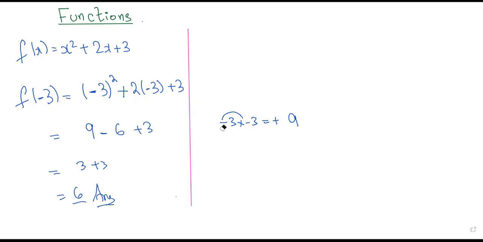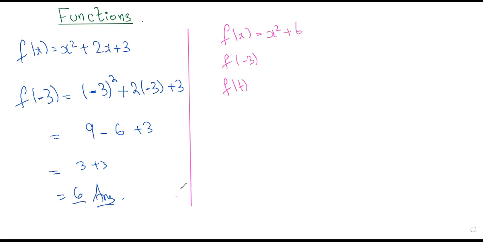Okay, very good. Let's talk about some more examples. What if f of x is x square plus 6? Find the value of f of minus 3 and f of t. Now this is the next question. Let's do that together.